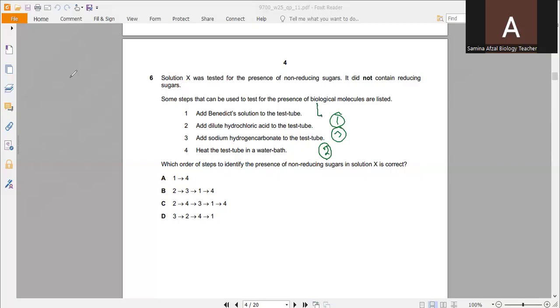So it will be the fourth. Now after that, again we have to heat for the Benedict's test, since the non-reducing sugar has been changed into reducing sugar. So it will be the fifth step. So 2, 4, 3, 1, and so C is the correct option.